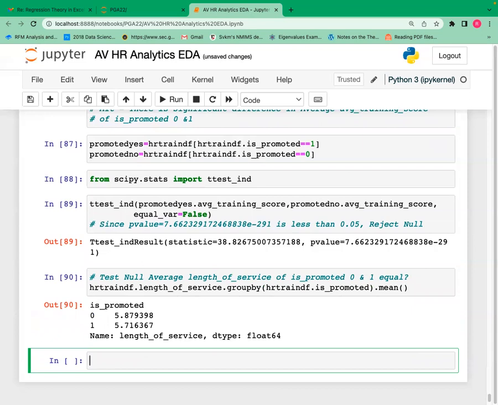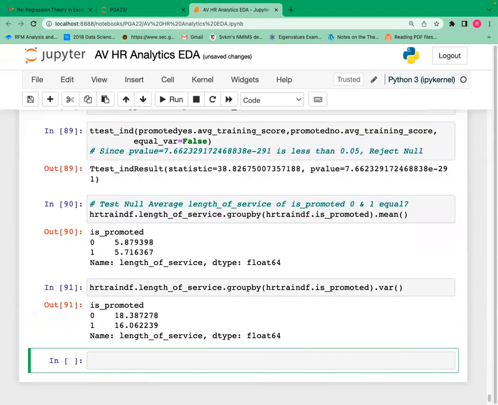5.87 and 5.71. Variance is also different, right?